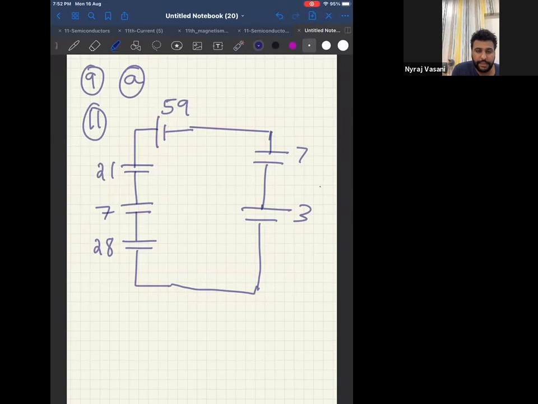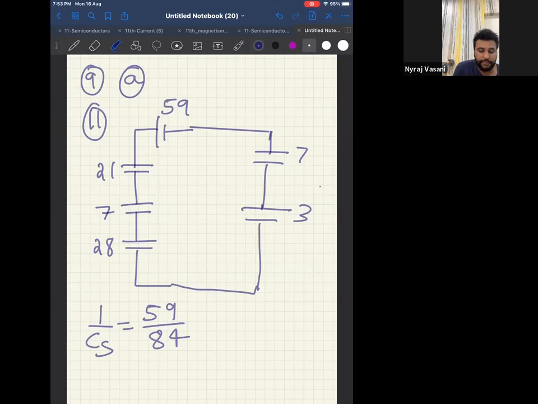Tell me what will be the LCM of all the numbers. I think 84 will be the LCM. Correct. So tell me what will be 1 by CS: 1 by 21 plus 1 by 7 plus 1 by 28 plus 1 by 7 plus 1 by 3.